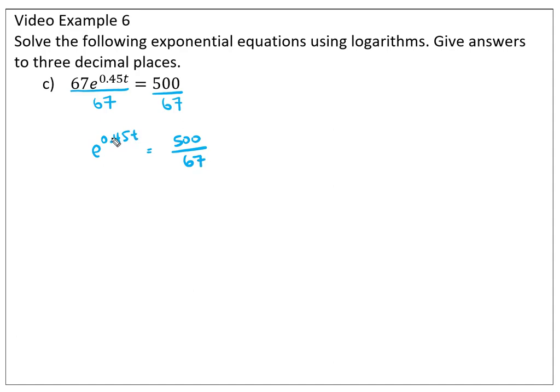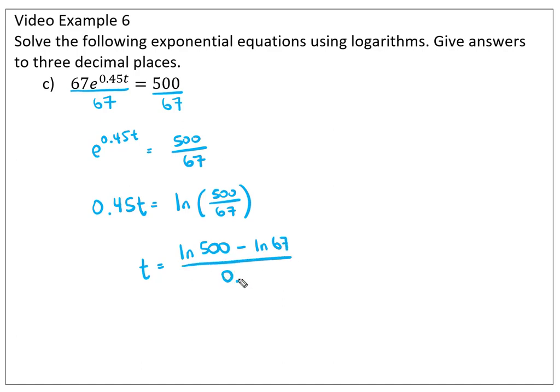And then we can take the power and rewrite it as 0.45t is equal to natural log of 500 over 67. And then we're going to divide by the 0.45. You also can write this as ln of 500 minus ln of 67. You don't have to. I just want to make sure you know your options.